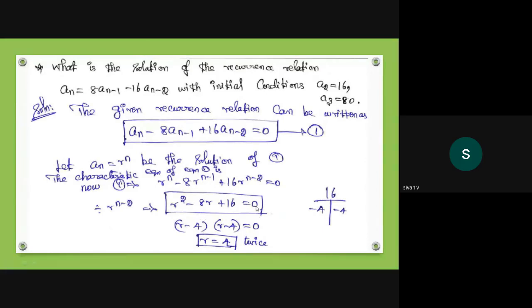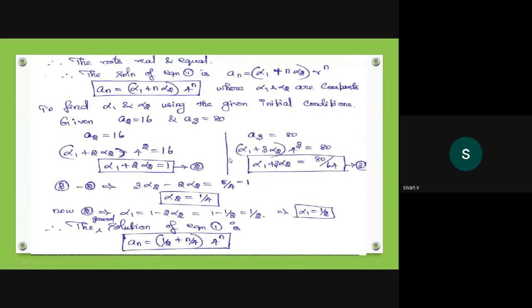Solve it: product is 16, sum is minus 8, so r minus 4 equals 0, r equals 4 twice. The roots are real and equal. Therefore, the solution of equation 1 is an equals (alpha 1 plus n alpha 2) into r power n, where alpha 1 and alpha 2 are constants.